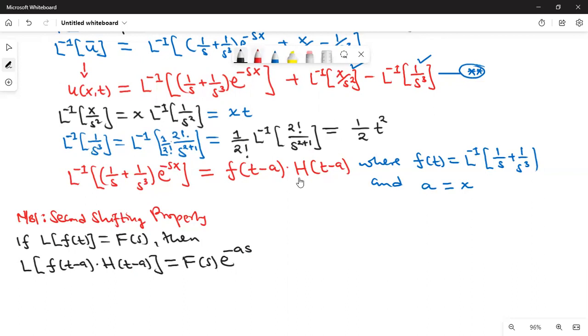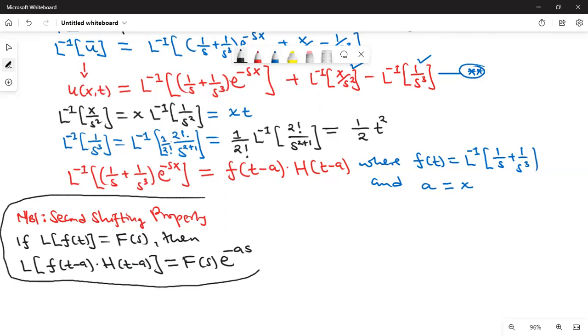So I was comparing this one. Let me bracket it. So when you do the comparison, look at what we have here. It is clear that when I compare exponential negative a s, and here we have exponential negative sx, it means our a is equal to x.